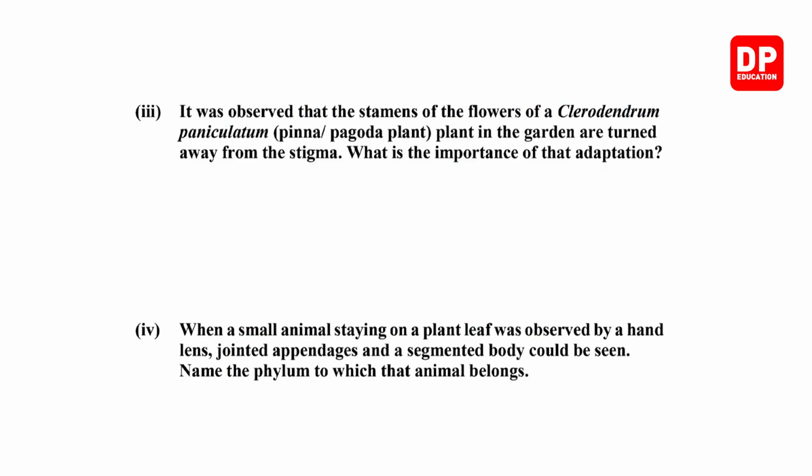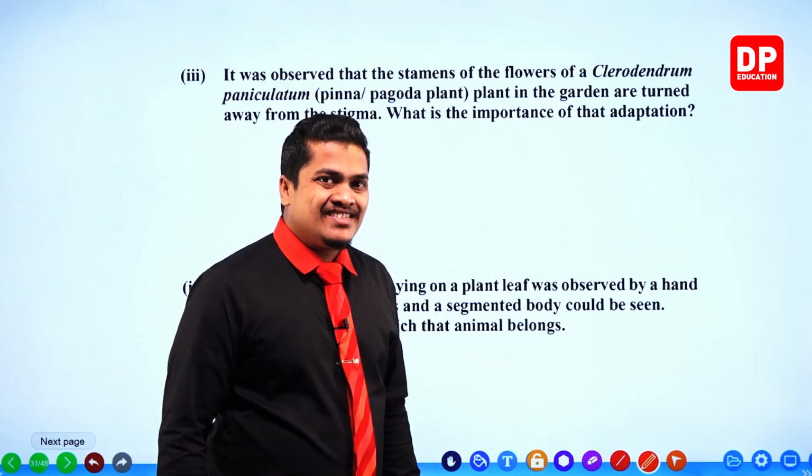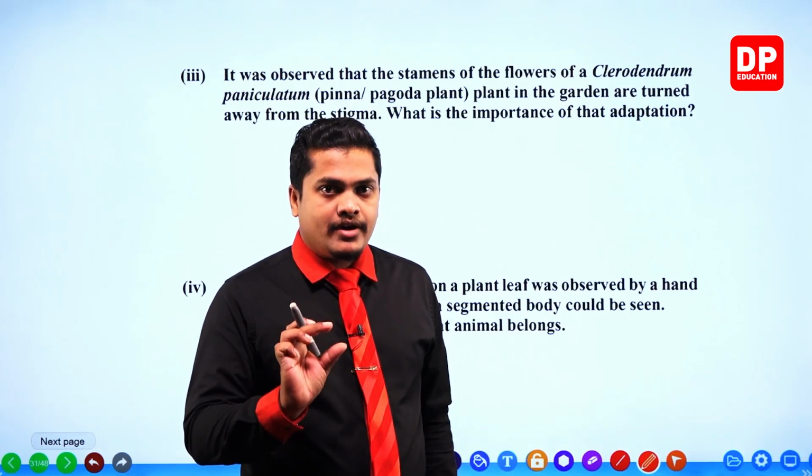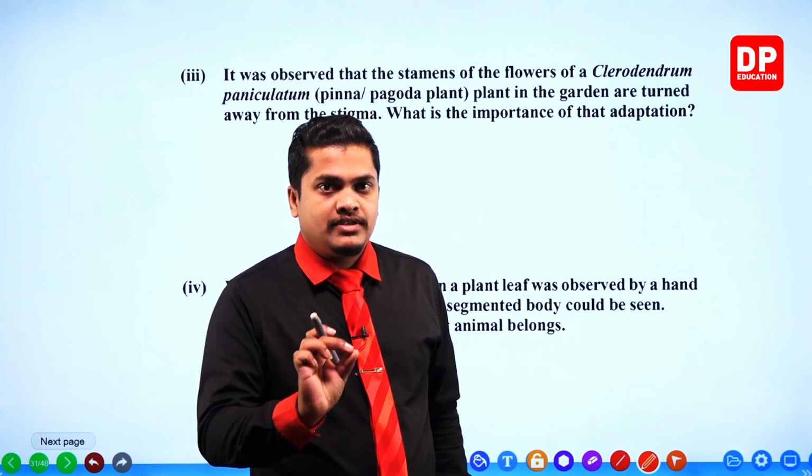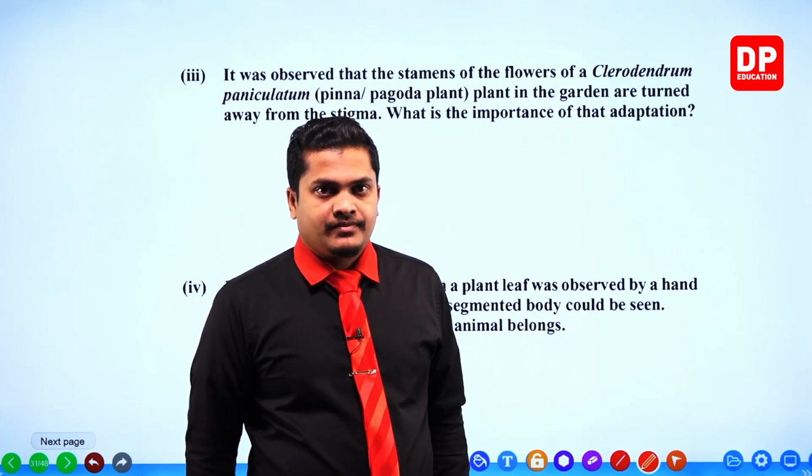It was observed that the stamens of the flower Clerodendron paniculatum, which is the pinna or pagoda plant, in the garden are turned away from the stigma. So stamens are turning away from the stigma. The stigma is a main part of the female reproductive system of a flower.